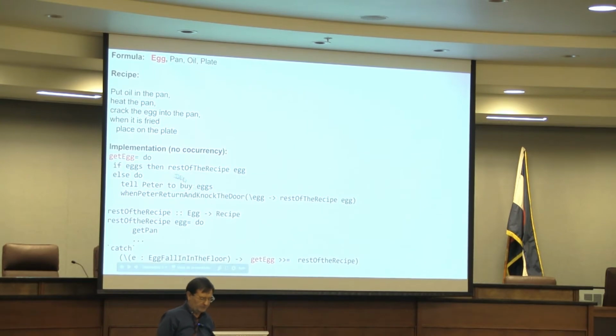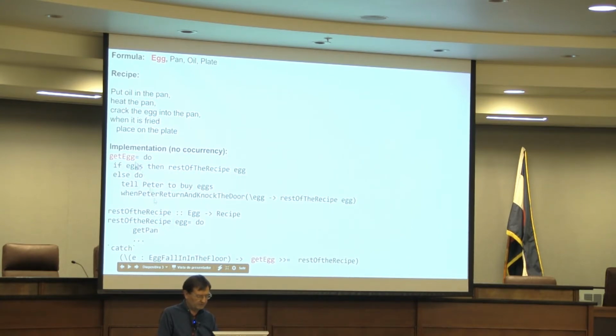So we have a callback, a set handler, to indicate to the framework what to do. So we perform the rest of the recipe when the egg is available, and so we start with the second task, which is get the pan. And all of this is programmed with no concurrency at all.